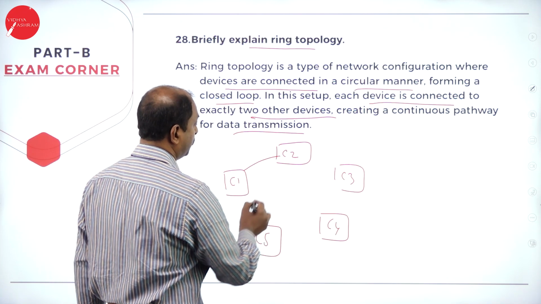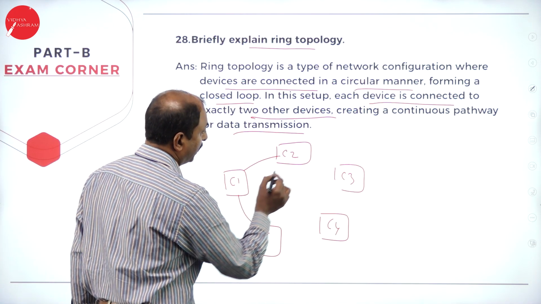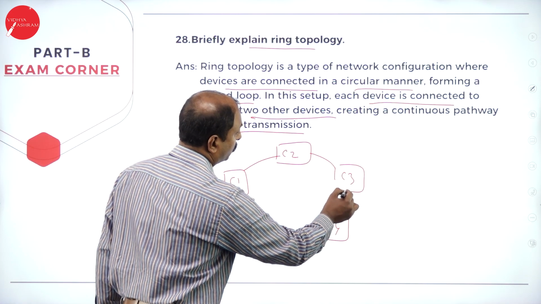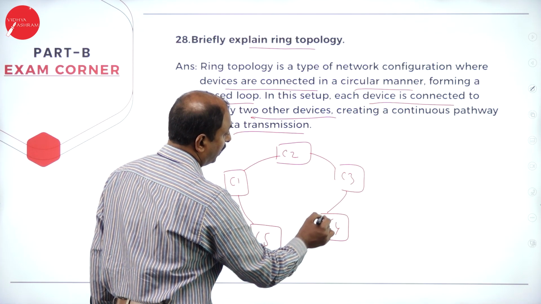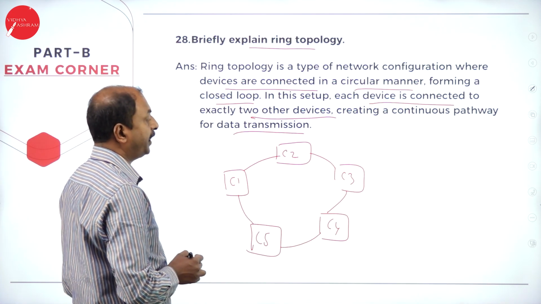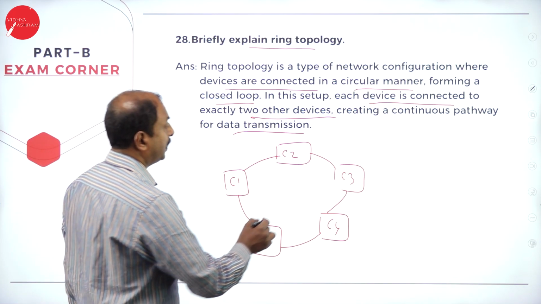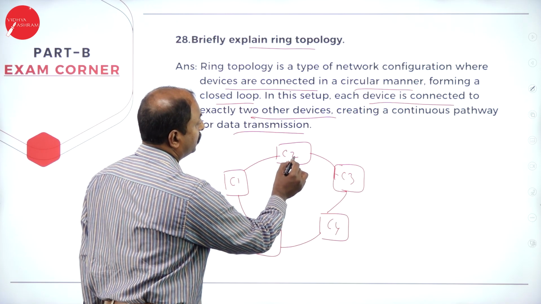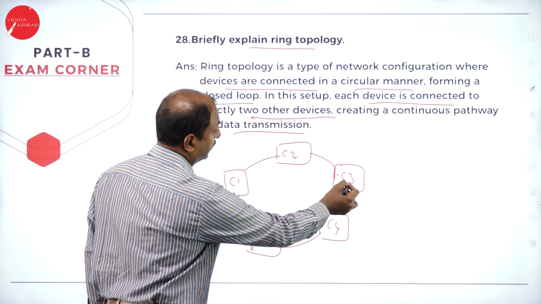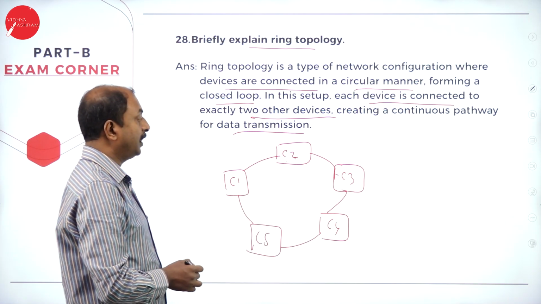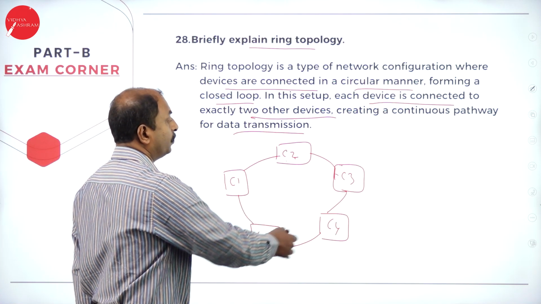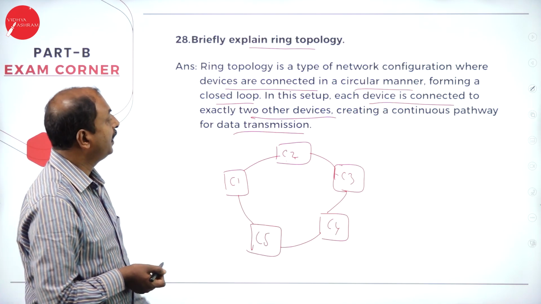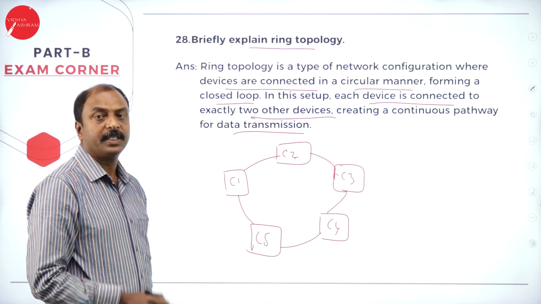Suppose this is connected to this and also to this, and this again has two connections to two different computers. So this node is connected to these two, this node is connected to these two. This forms a complete loop in the form of a circle. It is called a ring topology.